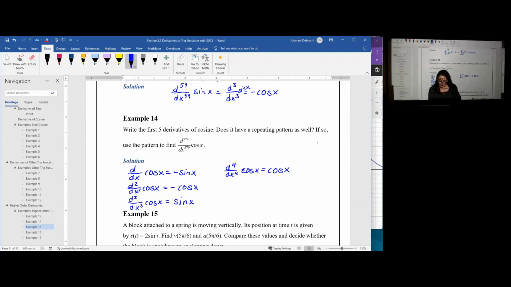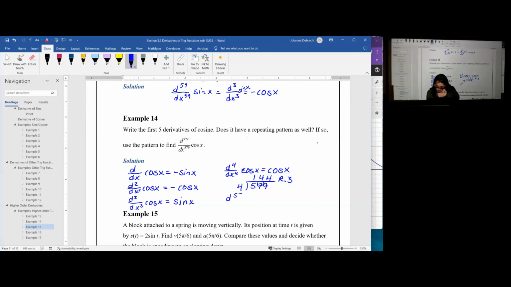So if I have the 579th derivative of cosine, I take the 579 and I divide by 4. I'm not really interested in the quotient. I'm really interested in the remainder. 4 goes into 5 one time with 1 left over. 4 goes into 17 4 times with 1 left over. 4 goes into 19 4 times with 3 left over.